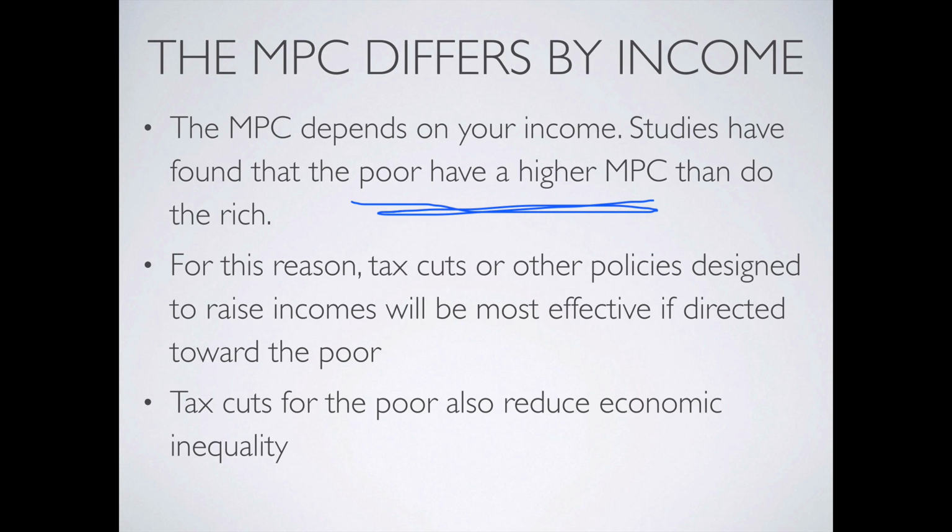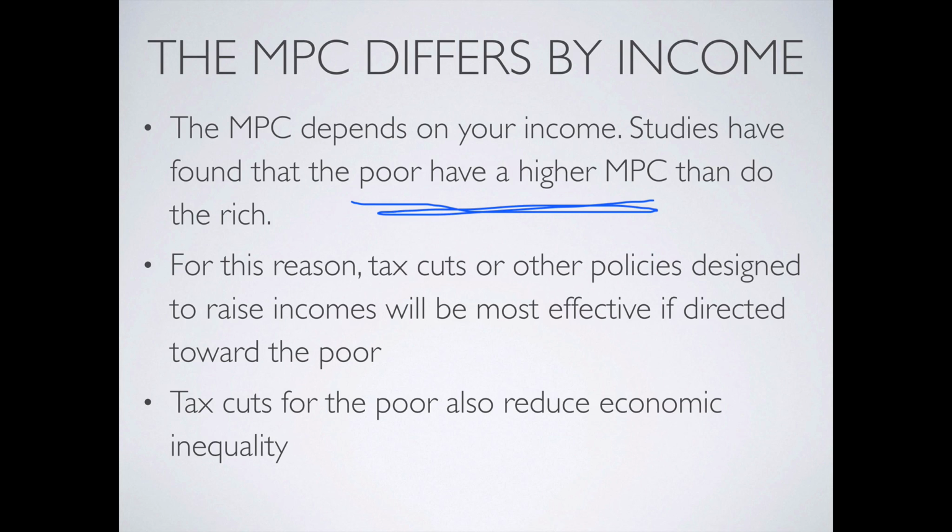If you get an extra dollar, you're probably going to spend all of that dollar. You have to. You're living very close to the bone. The rich have more options. They don't need to spend everything that they take in. They might want to, but maybe not. On average, the marginal propensity to consume is going to be lower, and we know that the rich save far more than the poor do. They're simply able to.